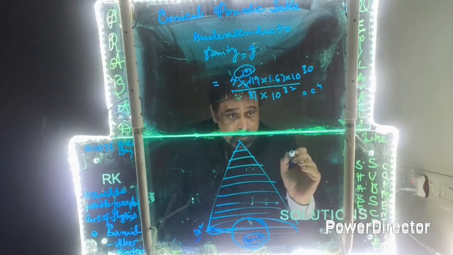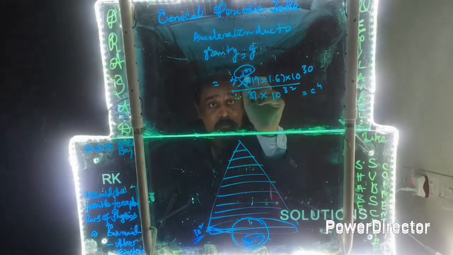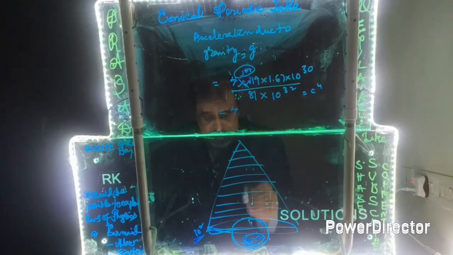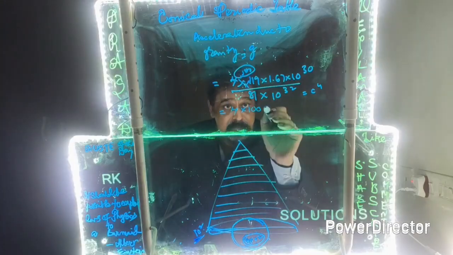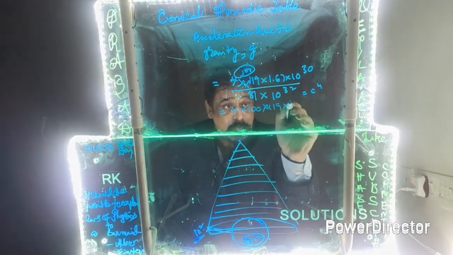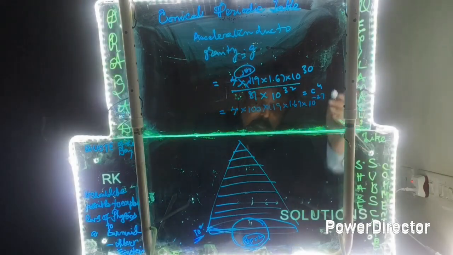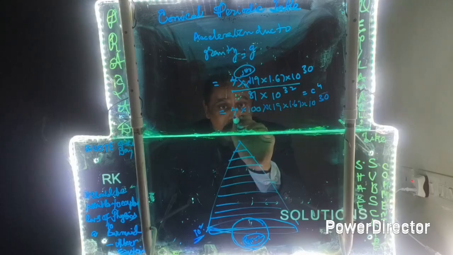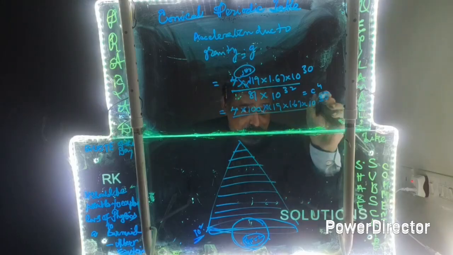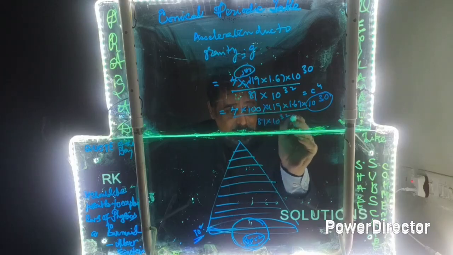So you have to take four such 10 squares, this 119 into 1.67 into 10 raised to minus 27 being the photon, such similar objects we are taking. 10 raised to 30 here because it is the sun's mass, and dividing it by 81 into 10 raised to 32.